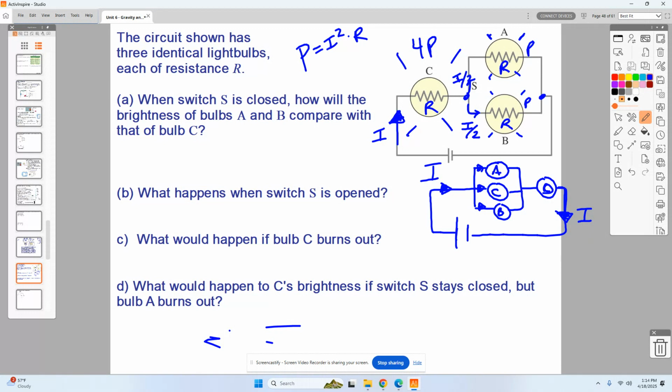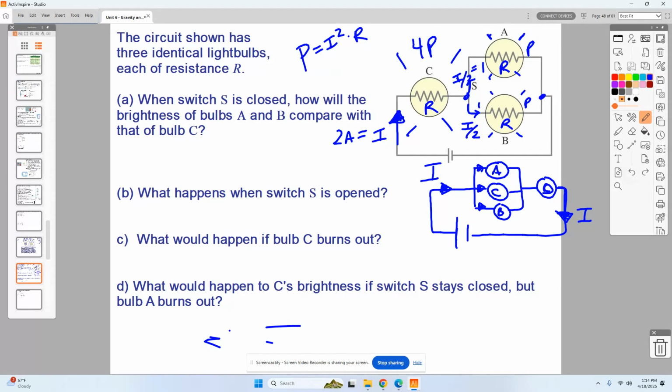Go ahead, Kevin. So, when it goes through one light bulb to another, doesn't the amps drop? What do you mean by the amps drop? Like when you have your normal circuit, the amperes add up to the total. Mm-hmm. So if I put some numbers here, if I said this was 2, then this would be 1, and this would be 1.